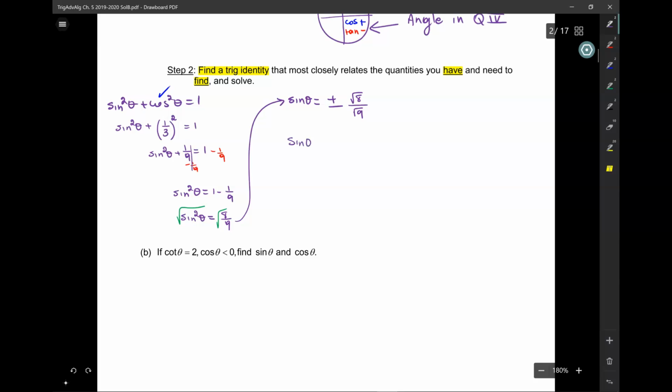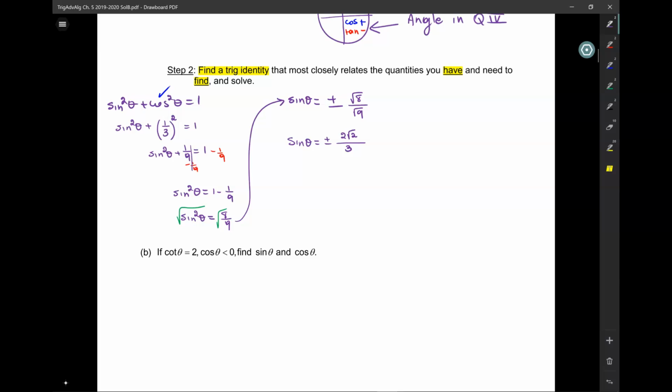So sine of theta is plus or minus, root 8 is 2 root 2, over 3. Now, I can't have plus or minus. I have to choose one. This is why we came up with the quadrant. My answer is in quadrant 4. In quadrant 4, sine is negative.